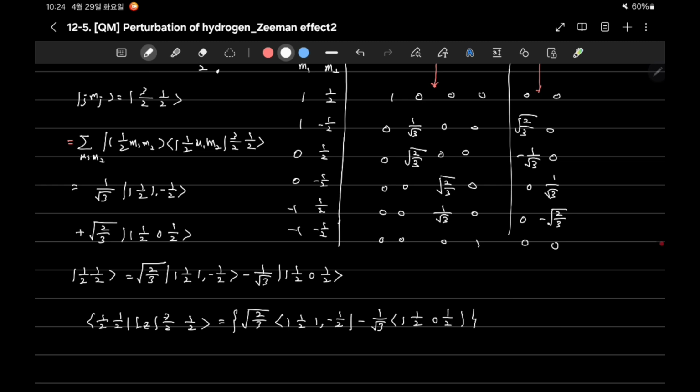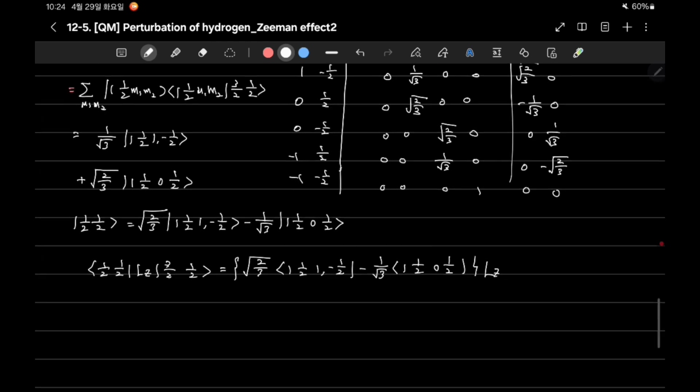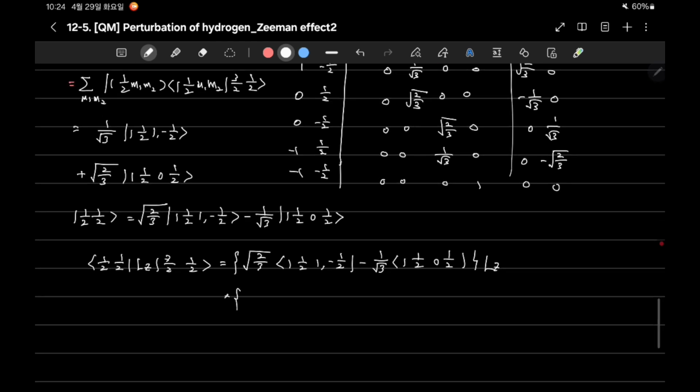It is the 1/2 basis, multiplied by L_z, and the 3/2, 1/2 basis is here.